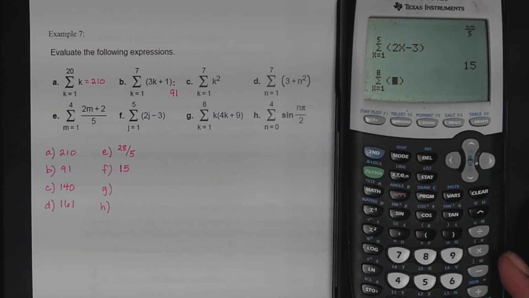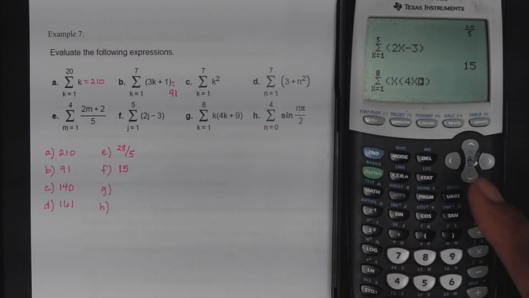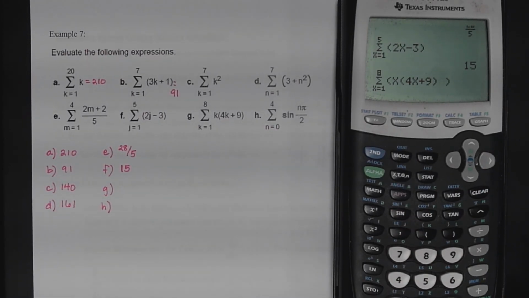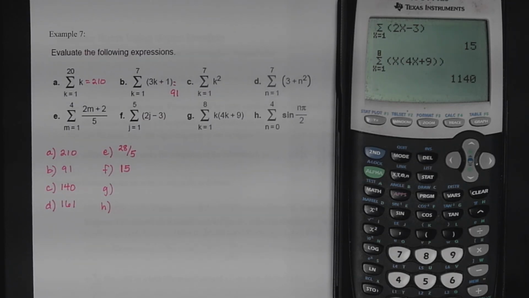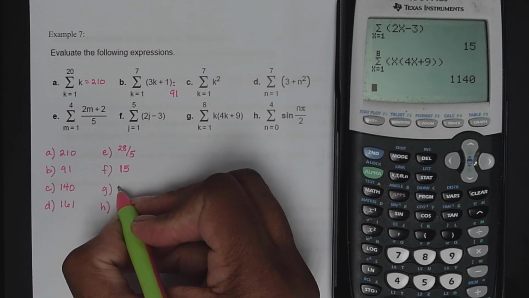Now for k times the quantity k plus 9, it'll be x times the quantity x plus 9. So get the x, and then left parentheses, get the x, plus 9, close parentheses. And hit enter. And you'll get 1,140 as the answer.